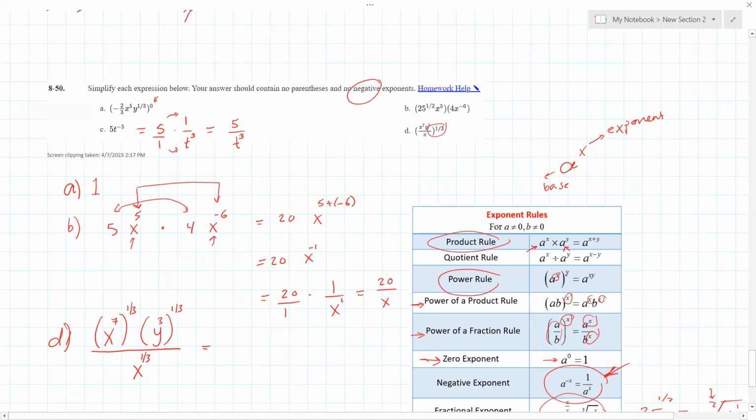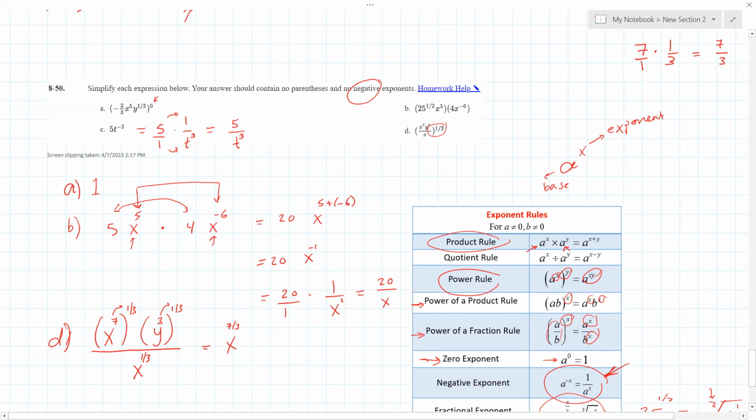When we have an exponent raised to another exponent, we multiply them. So basically 7 will be multiplied by 1/3. 3 will be multiplied by 1/3 here. So 7 times 1/3 is 7 over 3. We multiply the tops, we multiply the bottoms. So basically it is x to the 7/3.